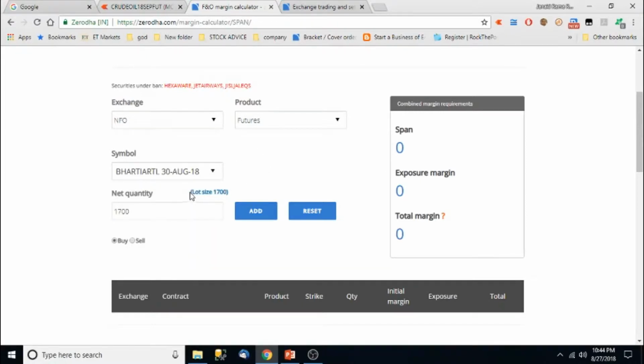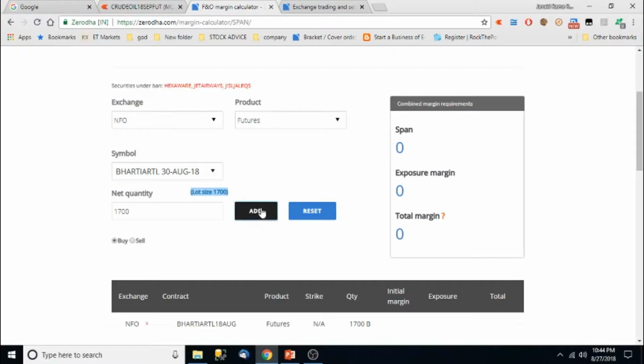Based on this, the lot size means we compulsorily have to buy this many shares. For every lot in futures we have to buy in lots only. One lot consists of 1700 shares.